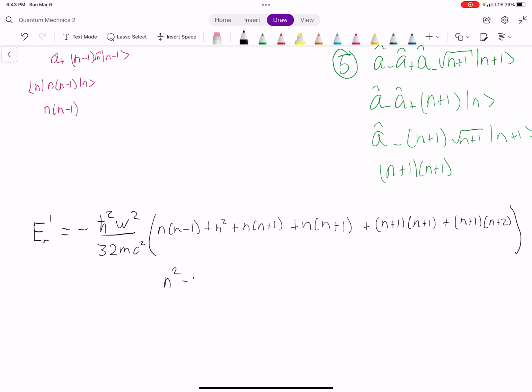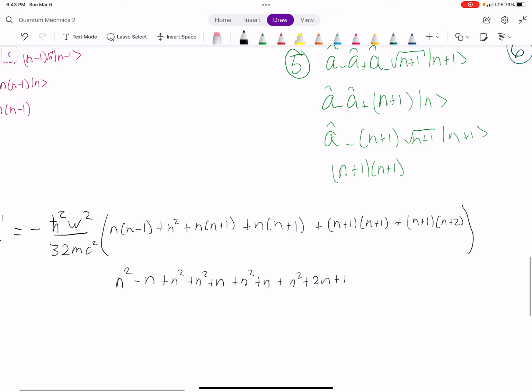So that'll be n squared minus n plus n squared plus n squared plus n plus n squared plus n plus n squared plus 2n plus 1 plus n squared plus 3n plus 2. So let's just combine like terms. 1, 2, 3, 4, 5, 6.